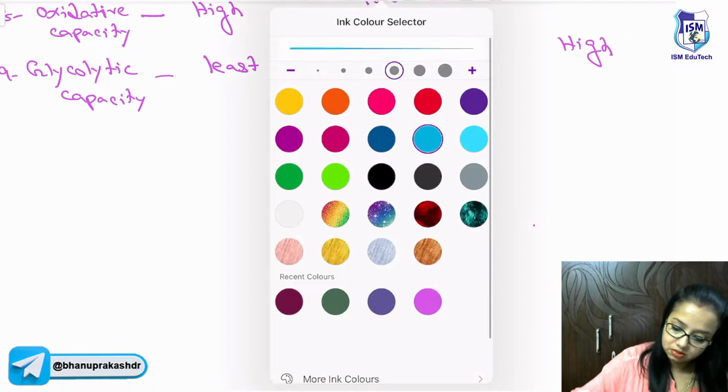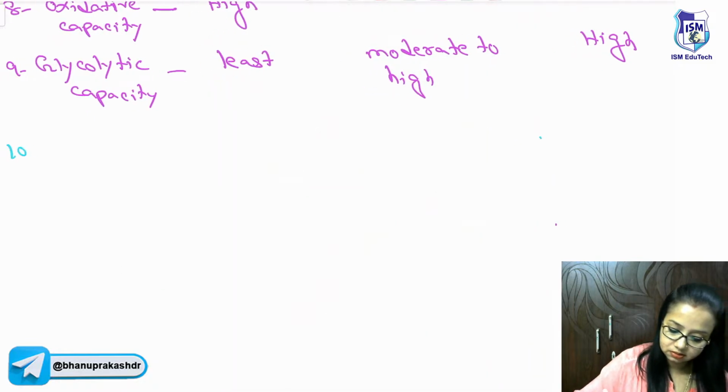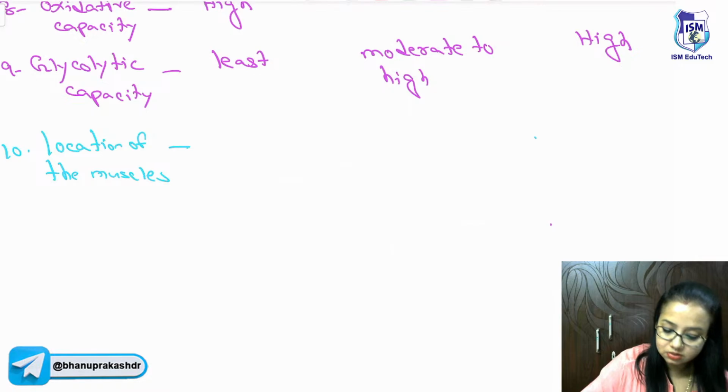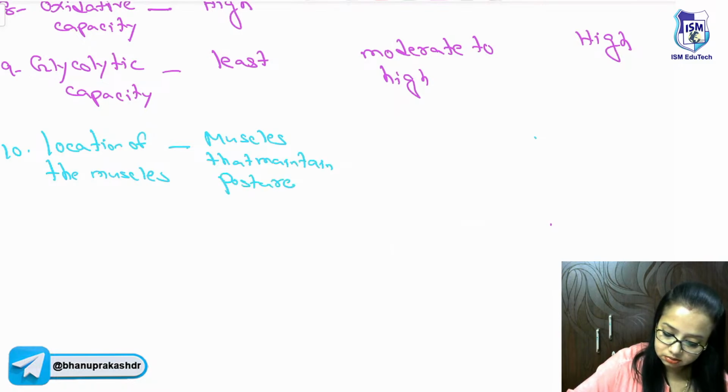Okay. Now, location of the muscles. Type 1 is located in muscles that maintain posture.